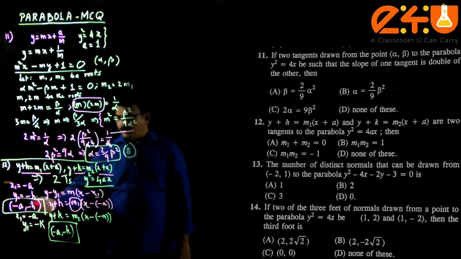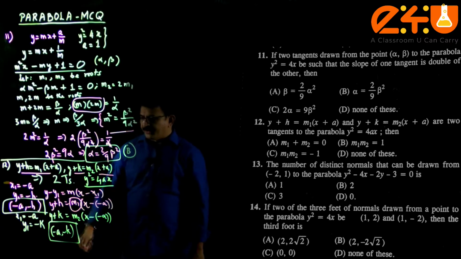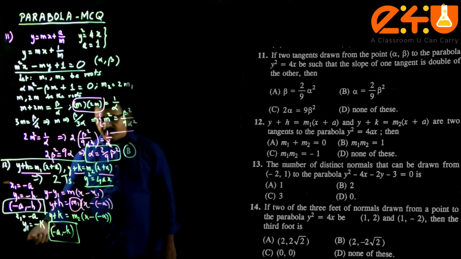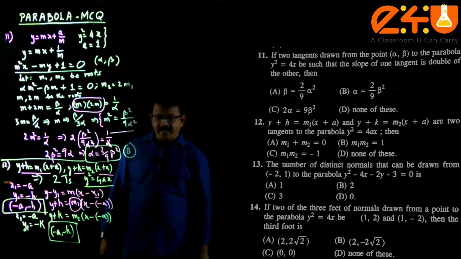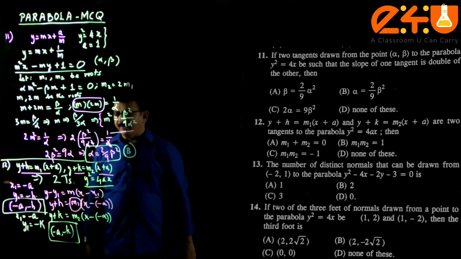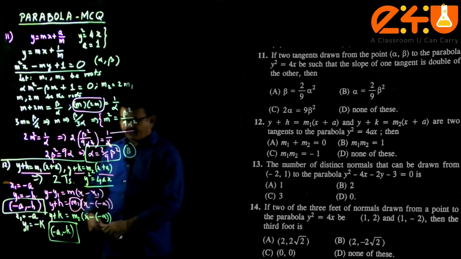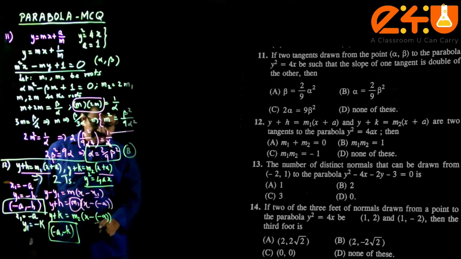Well, what is the x coordinate? Did you observe? It is minus a. So from any point on the directrix, if you happen to draw a pair of tangents to the parabola, we know they form mutually perpendicular tangents.